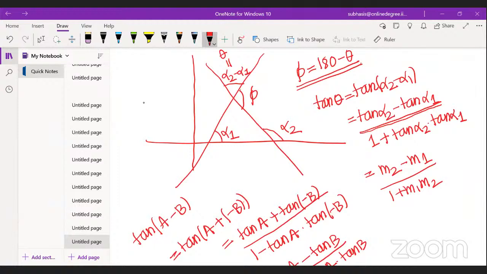Then in the first option it is given that tan theta is... I don't know, can you unmute, who is that person? Just a minute.